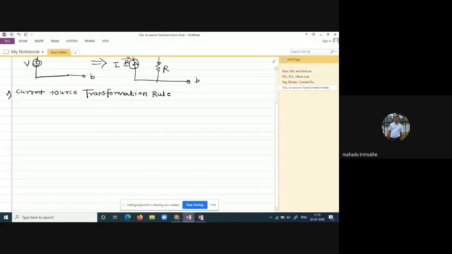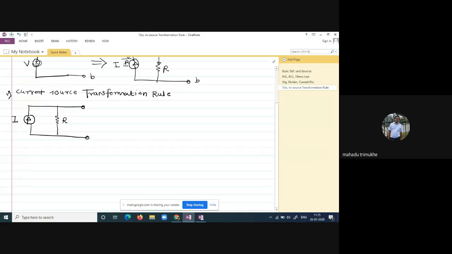Suppose you have a current source over here, current source I, and some resistor is shunted with the current source.